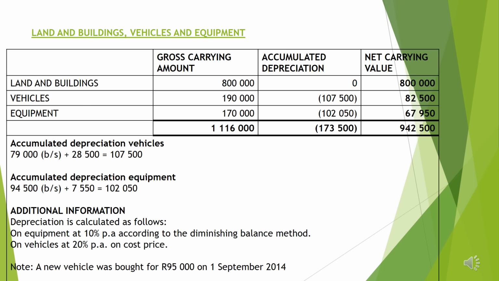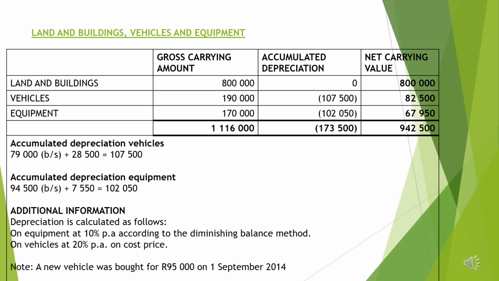So we want the amount at the beginning of the year, because at the beginning of the year we did not have this particular amount. So it's like we are working backwards here. It's 190,000 historical cost minus the new asset minus the accumulated depreciation. Then we can get the net carrying value of 16,000 rand at the beginning of the year.